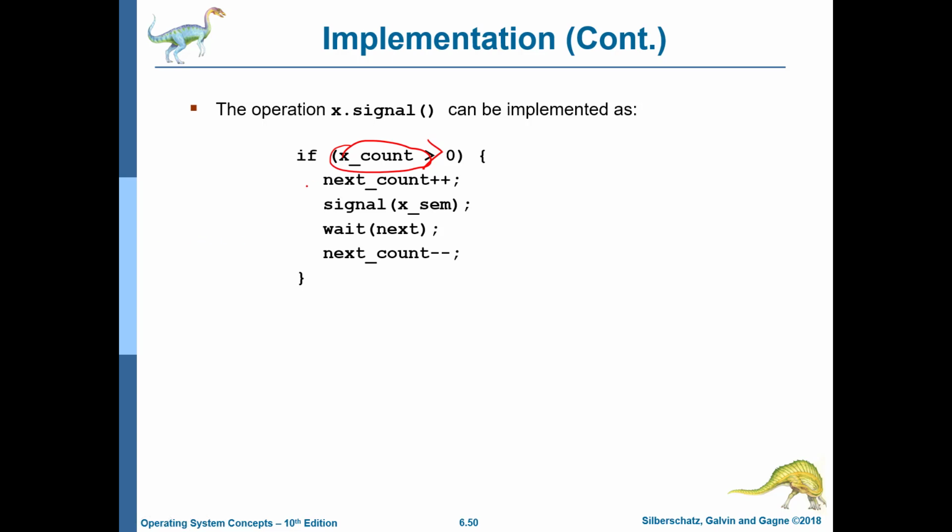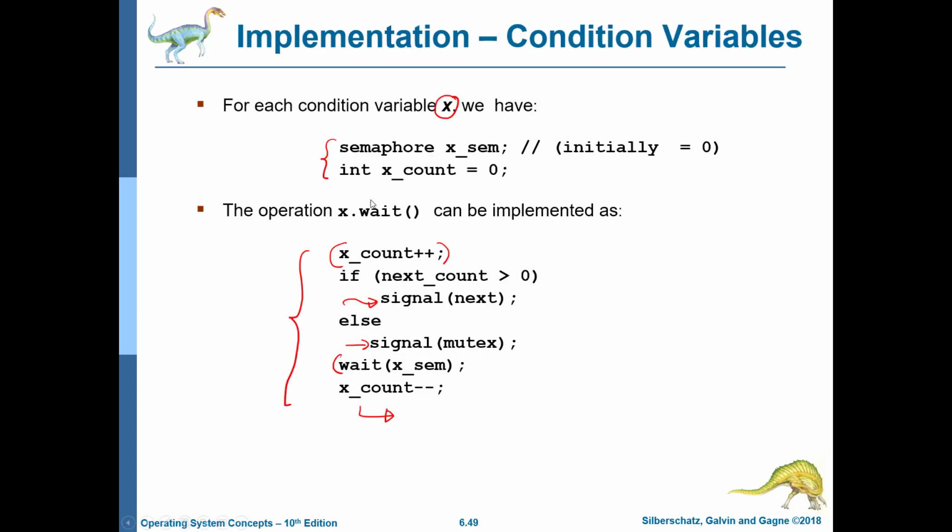After that, this is a blocking signal. I'll come to what it is in a second, but we increment next count. This basically means that I am going to wait. So then I signal the xsem semaphore.